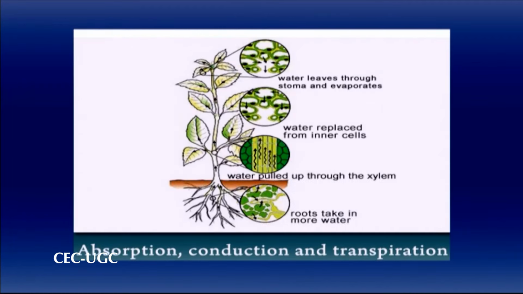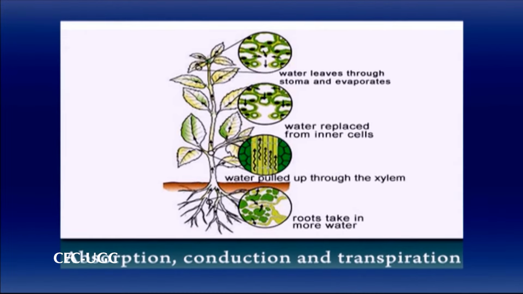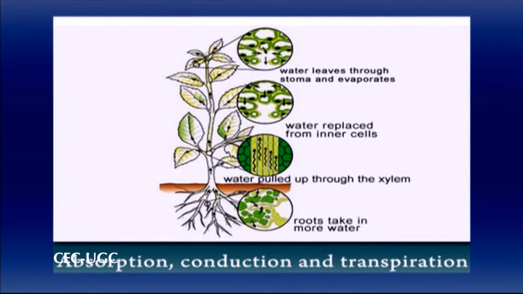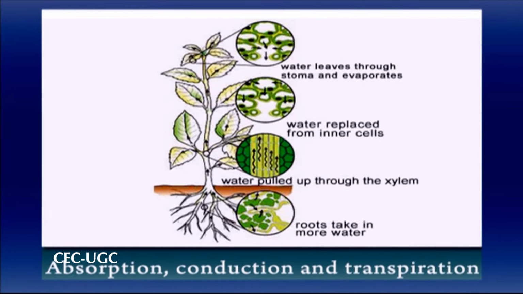The gradient is always maintained because rapidly transpiring surface in the aerial region develops a powerful transpiration pull which physically sucks the water upwards from the central vascular xylem element.